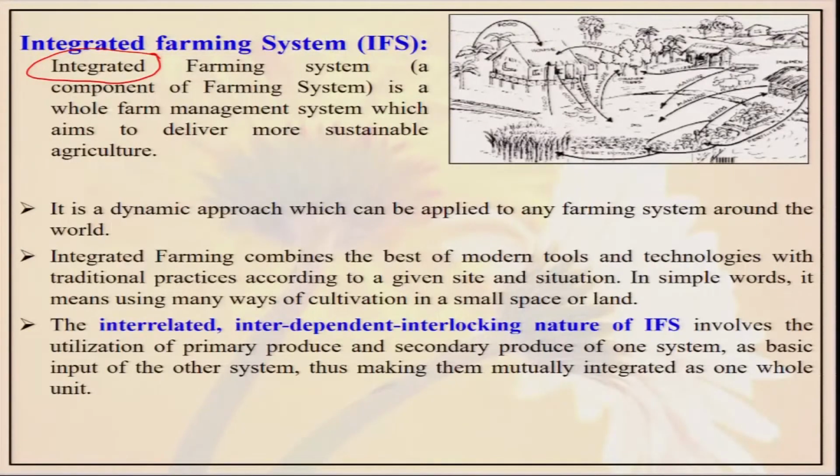So it is a dynamic approach. Integrated farming system combines modern tools and technology with traditional practices. Traditionally, our forefathers at the village level also kept some livestock, maybe ducks, poultry, or piggery. But in modern organic integrated farming, how best can we use this traditional knowledge of the forefathers and amalgamate it with our modern scientific technology?